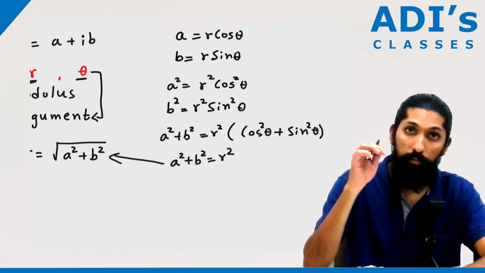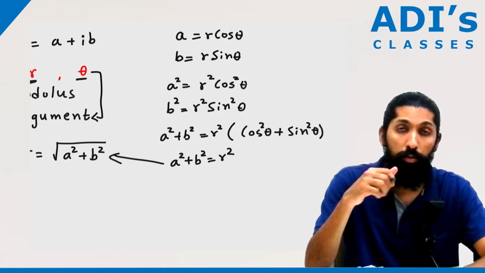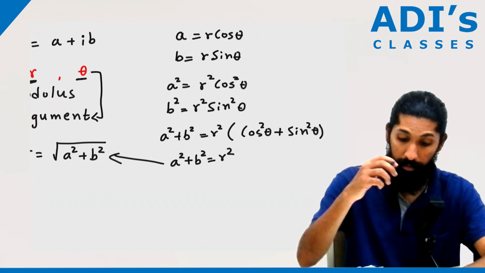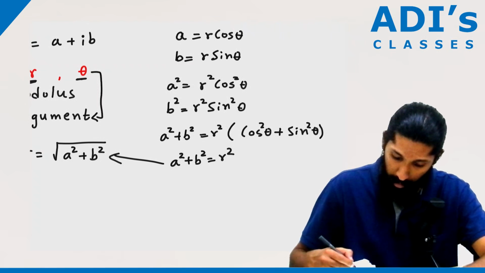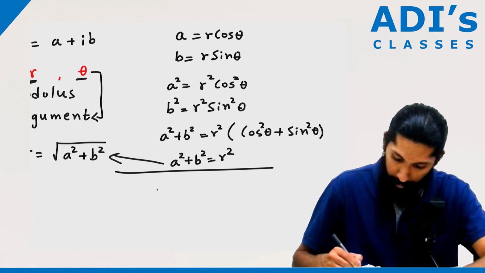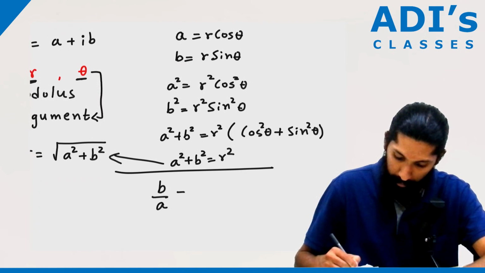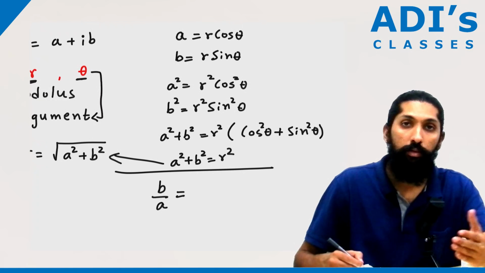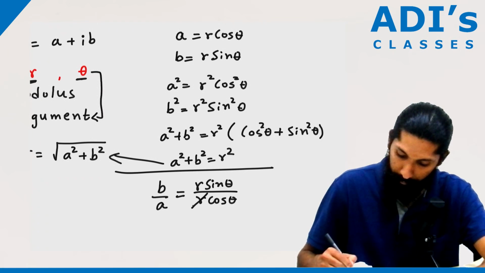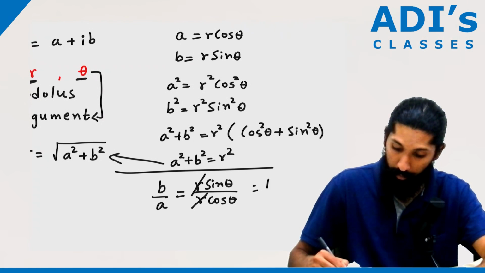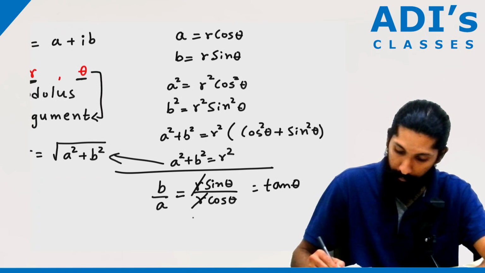Now comes the theta value. Do tan theta, that is, divide one by the other. That means we are going to do b by a, which is r sin theta divided by r cos theta. r and r cancel, you get tan theta.